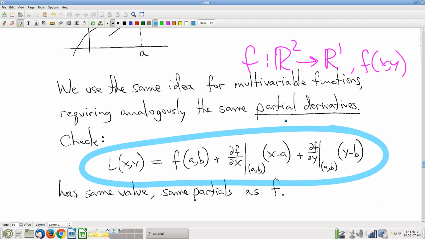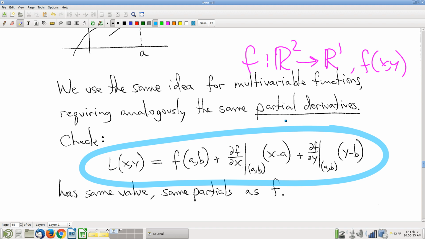Now, I'm not going to so much derive that as justify it after the fact. I claim that at the point a comma b in the domain, keep in mind, two inputs, R2, x comma y, a point in R2 would be characterized by two values, a and b, at a point a comma b, this L function has the same value that f does.